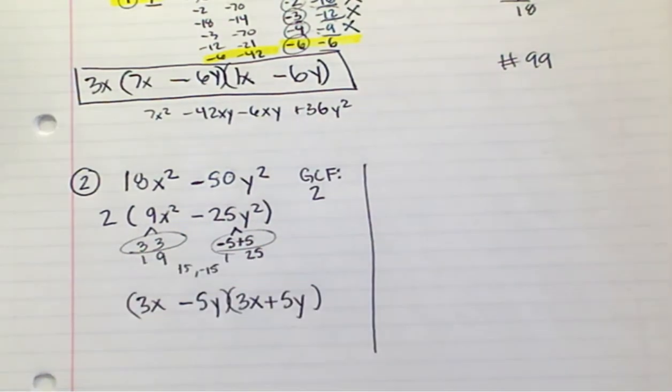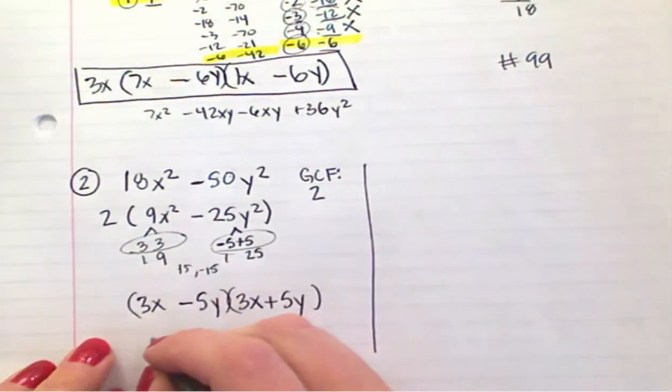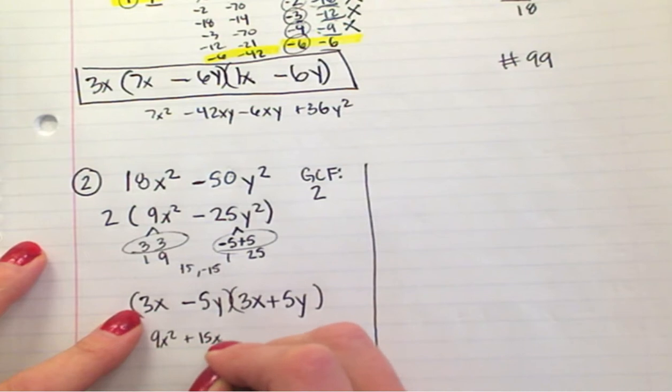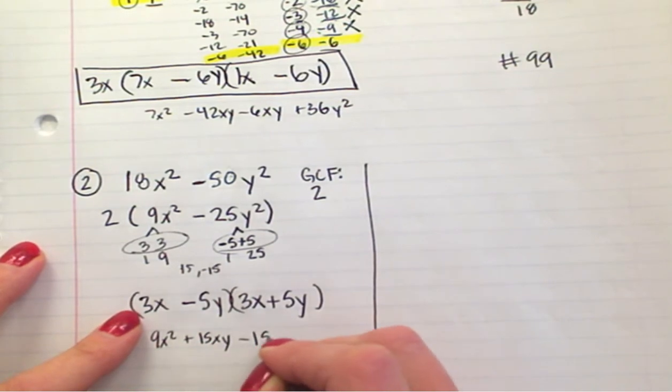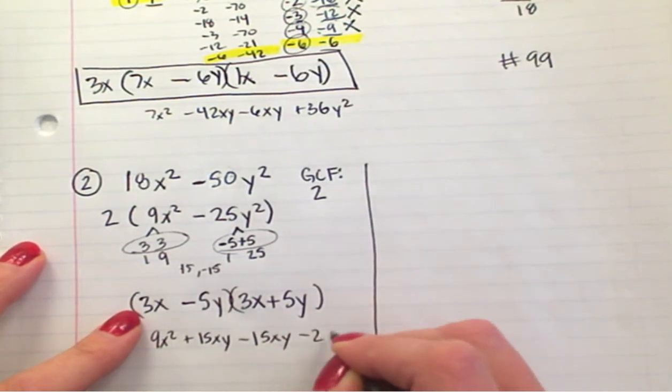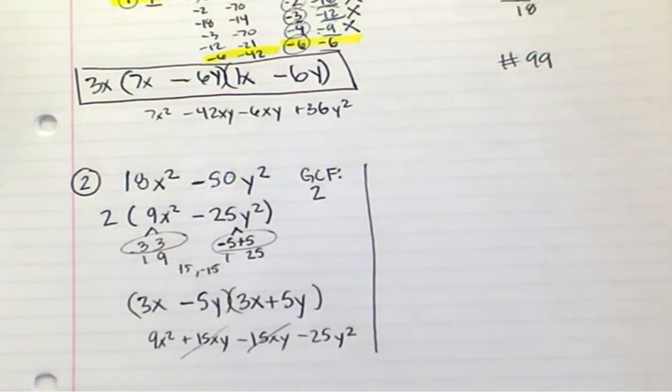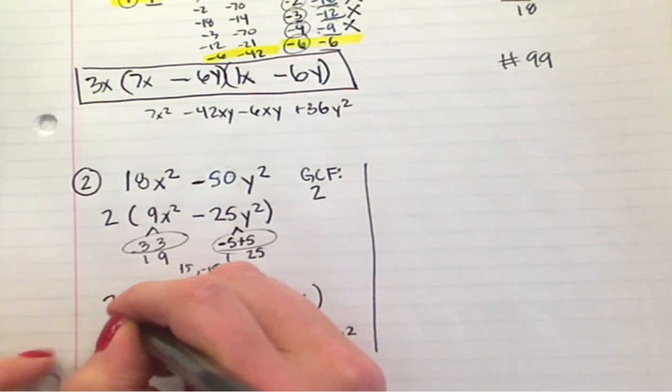All right, and check it. Check it. Foil it. See what happens. Okay, and so it checks. But don't leave out your GCF.